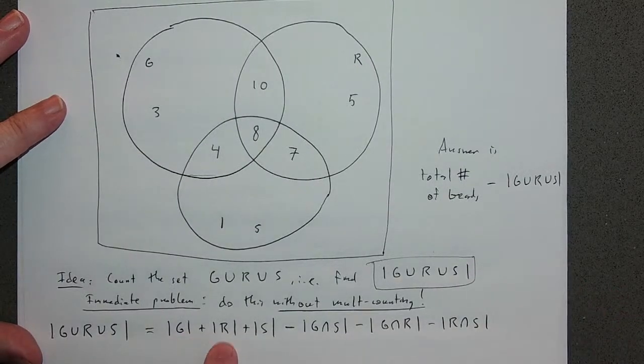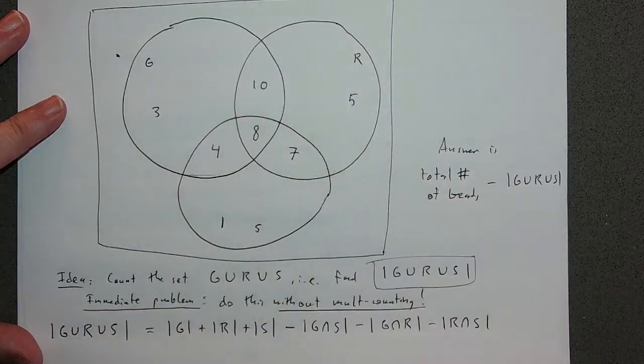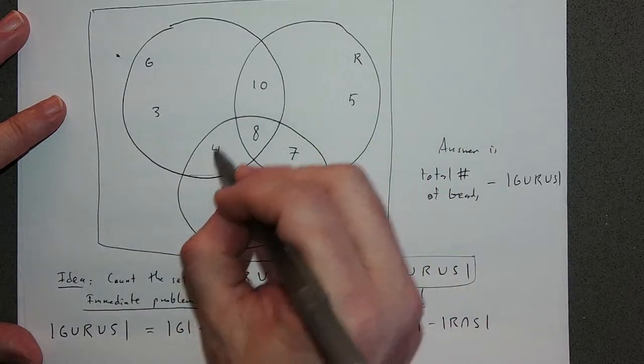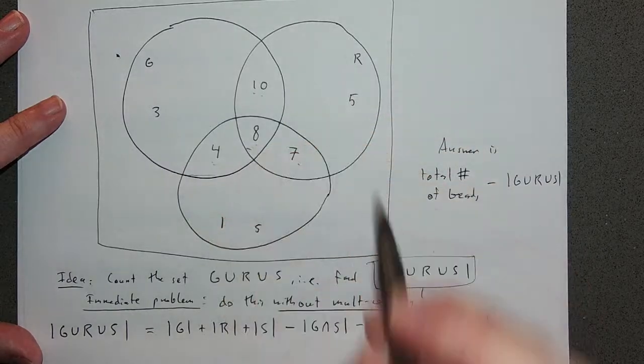So G plus R plus S gives me all of G, all of R, all of S. So if we're keeping track here, these regions have been double counted and this region has been triple counted.